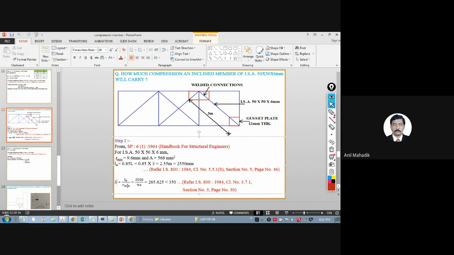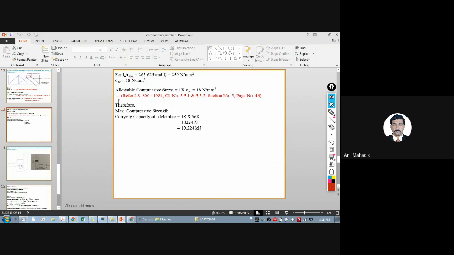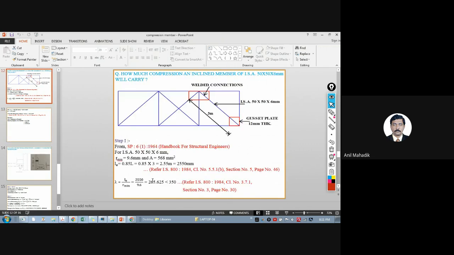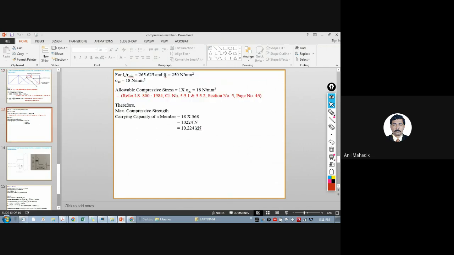Then lambda is L effective upon R minimum. L effective is 0.85 into L. L is 3, so 2.55, 2550 divided by R minimum, 9.6, gives 265, which is less than 350. This is your slenderness ratio, which is coming out to be 265 in this case.